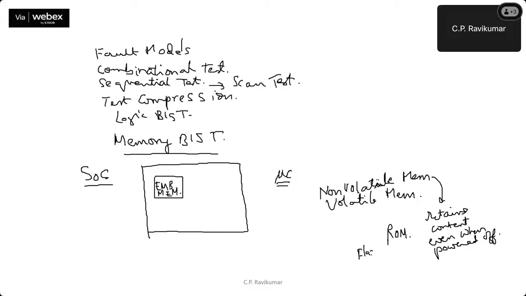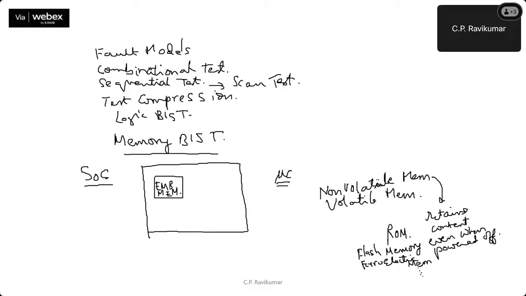Then flash memory is another example. Then there are other technologies like resistive RAMs, and ferroelectric memories.